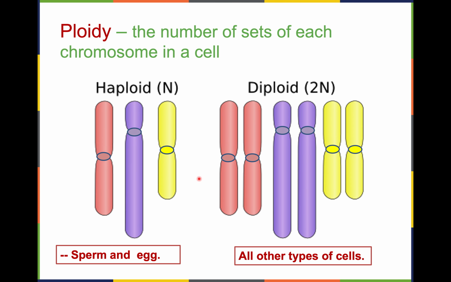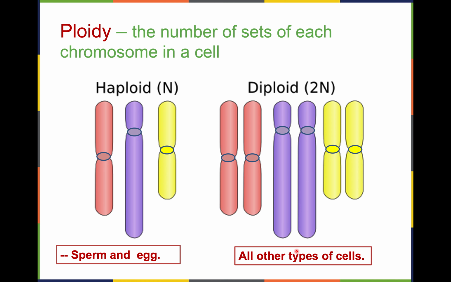So let's talk about ploidy. Ploidy is basically a term that is communicating how many sets of genetic material, how many sets of chromosomes one cell has. And as we mentioned, sperm and egg cells only have one set of chromosomes. We call cells like this haploid.